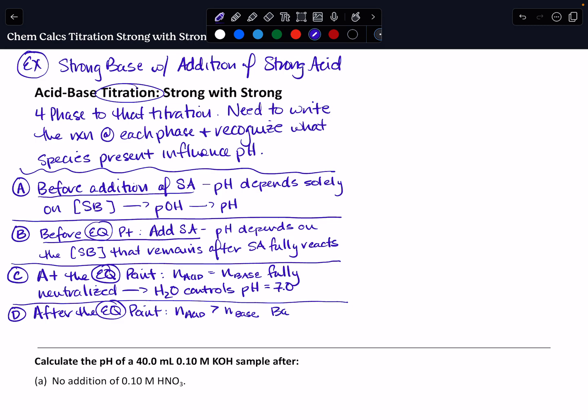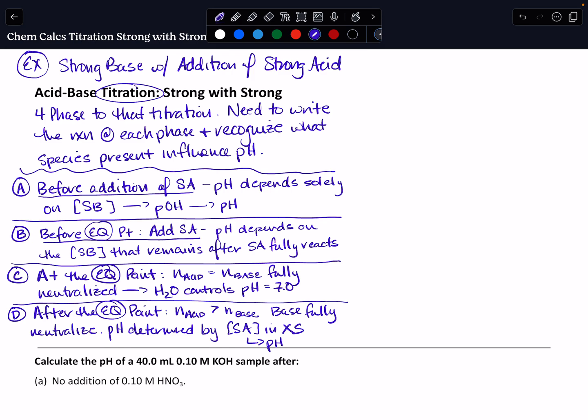So the base is fully neutralized, and pH is determined by the concentration of that strong acid in excess. And we'll use that to directly determine pH.